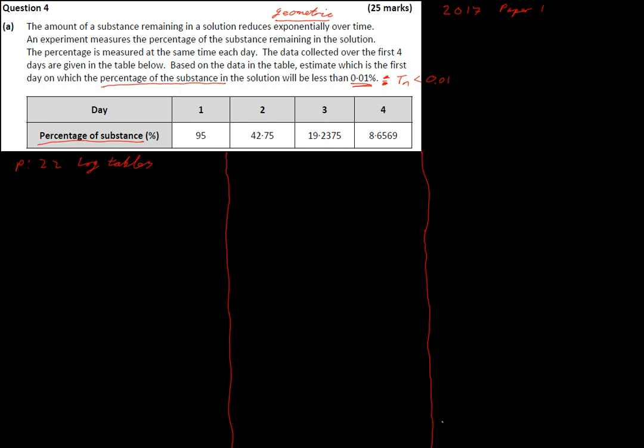Now I'm pretty confident I know what I'm looking for. I'm looking for the day of this. So I'm looking for a Tn, and the Tn is going to be on a particular day where there's going to be a percentage less than 0.01. So on day blank we're going to be less than 0.01.